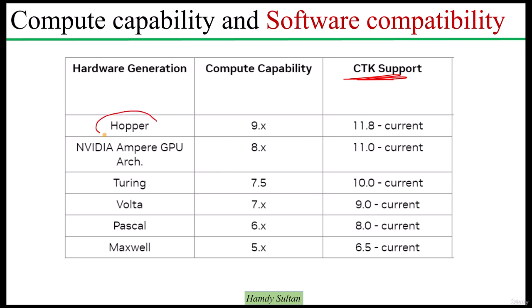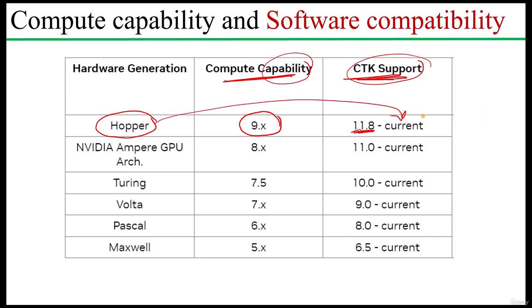For example, if you are using a Hopper architecture GPU, one of the most recent GPUs in the world, then you are looking at a compute capability of 9.x as shown in this table. This is not just an incremental step up from the previous generations. It represents compatibility with the latest CUDA toolkit versions, starting from 11.8 and above. This means that your Hopper GPU is ready to handle the most advanced computational tasks you give to it.